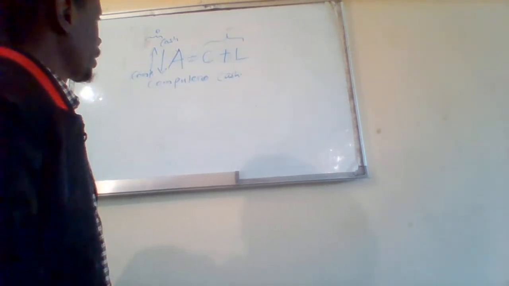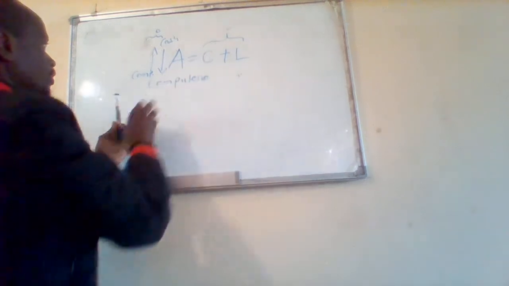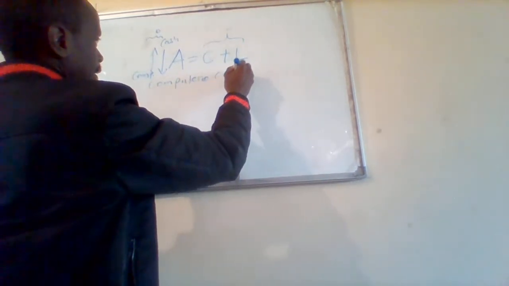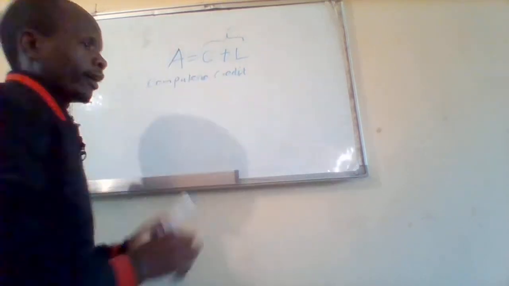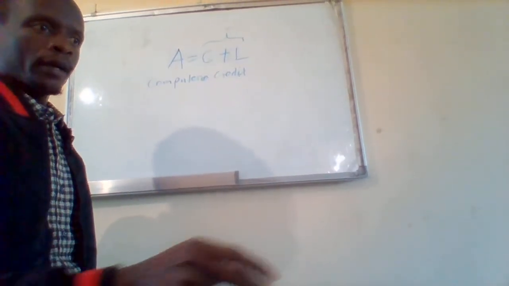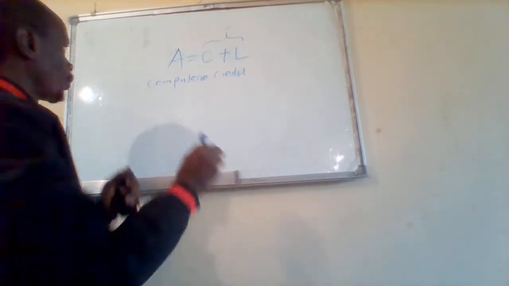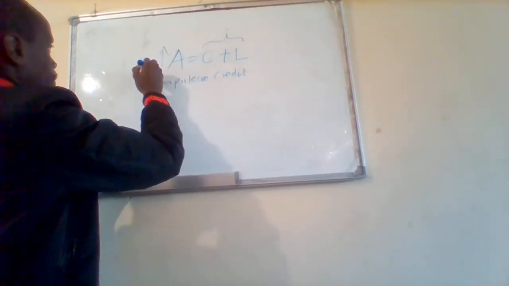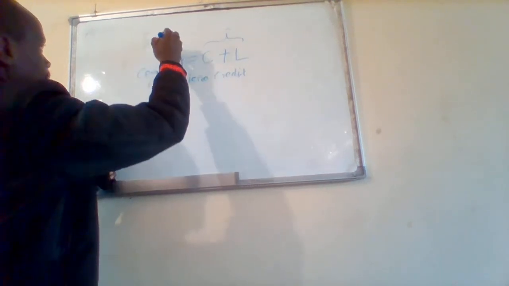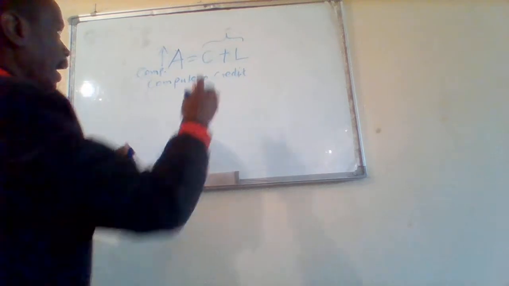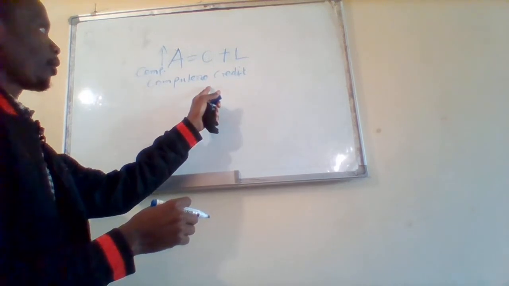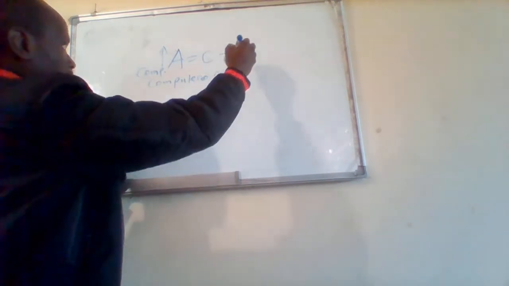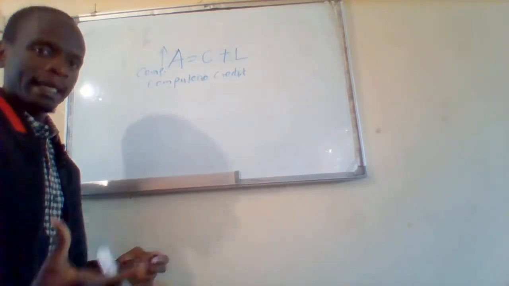Then your asset, which is computer, will go up, and your liability will go up because you bought a computer on credit, which means you'll pay later.